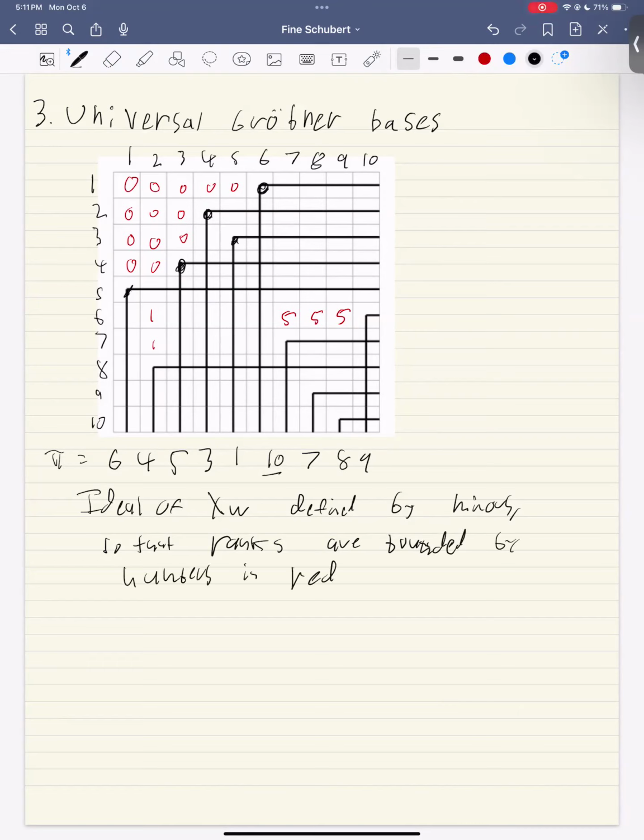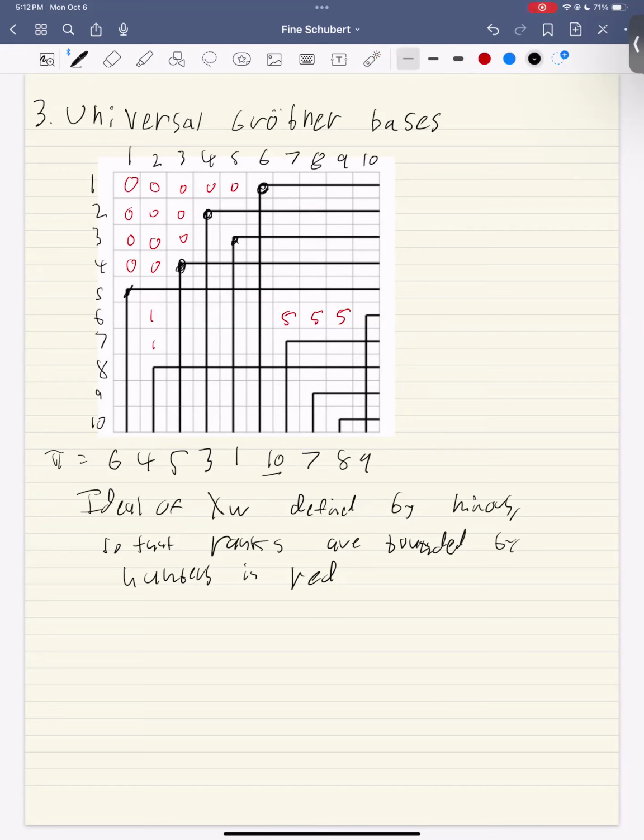For example, you would include any 2 by 2 minor that lives in these rows, so as to guarantee that this matrix, for example, has rank at most 1. And then you would include any 6x6 minor that lives in this region.